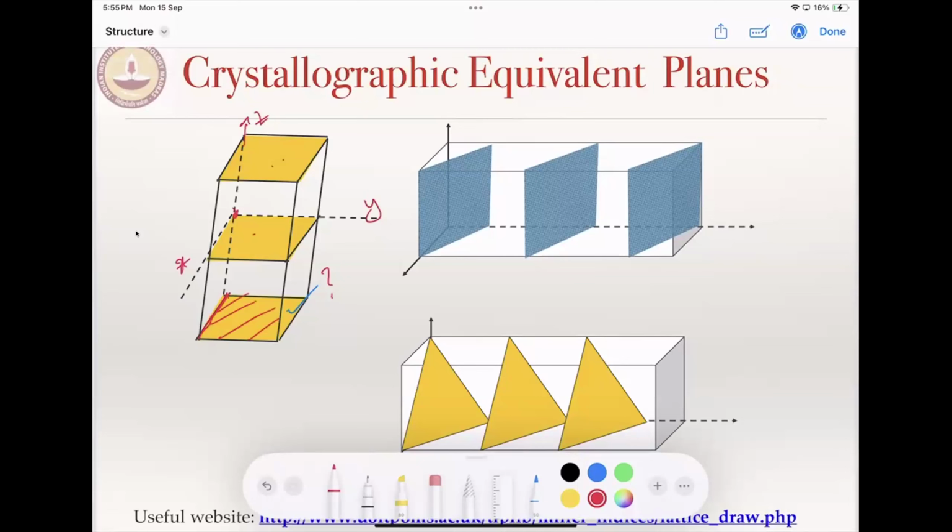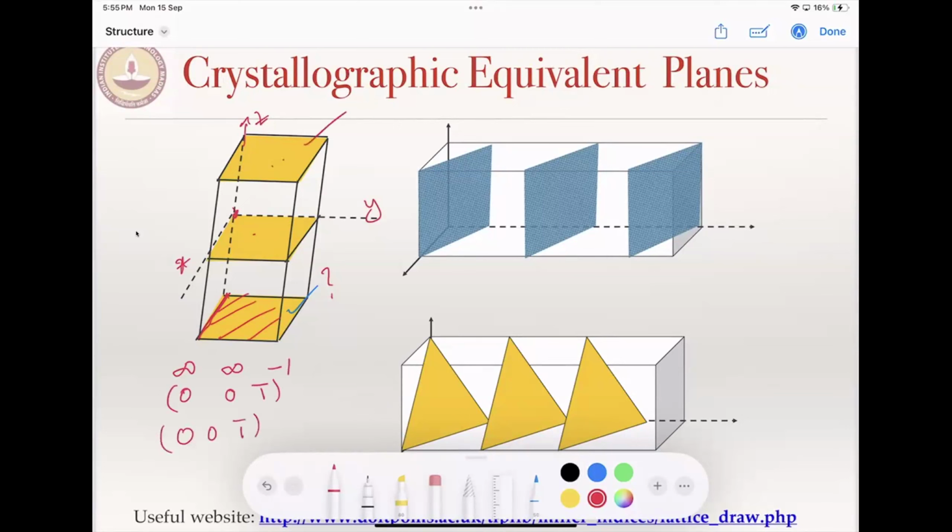It is parallel to the x-axis, so it is cutting at infinity. The y-axis, again infinity. The z-axis is minus 1. So the reciprocals are 1 by infinity is 0, 0, 1 bar.